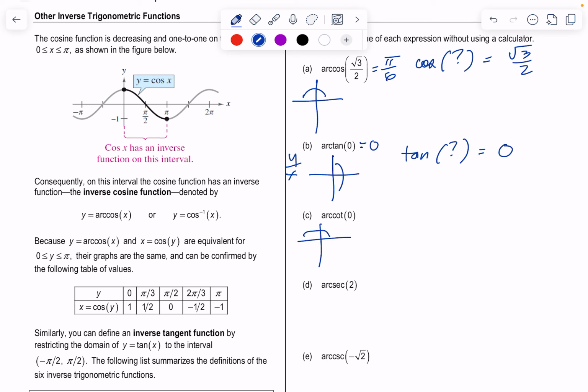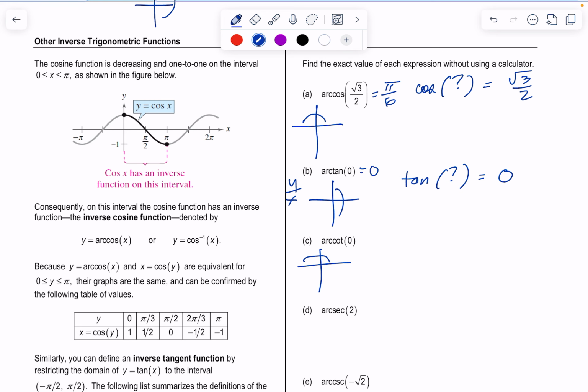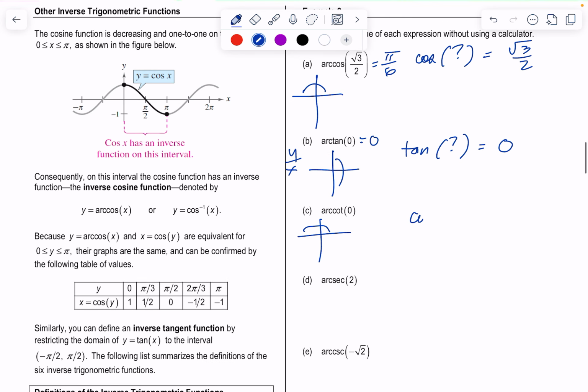So cotangent is x over y. So in order for it to have an answer of 0, it must have a 0 on top. So it has to have an x value of 0.